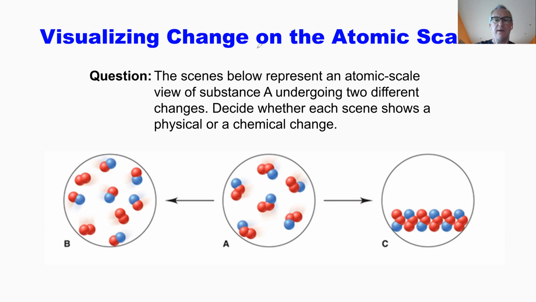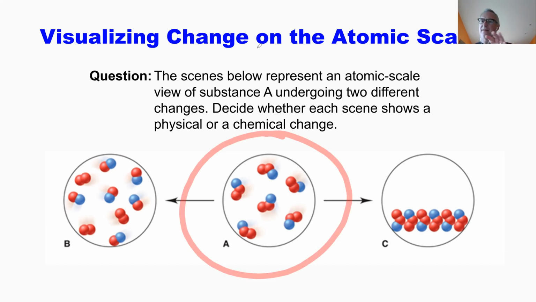So in the middle, we've got A. So focus on A, and then as it goes to the left to B, do we consider that a physical change or a chemical change? Chemical change. Which one? Chemical change. Why do you say that?